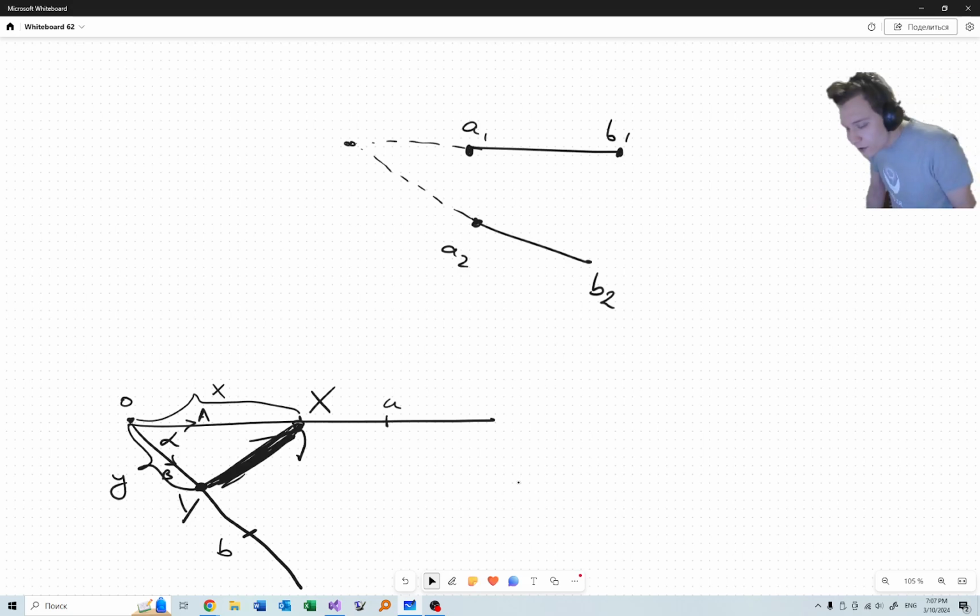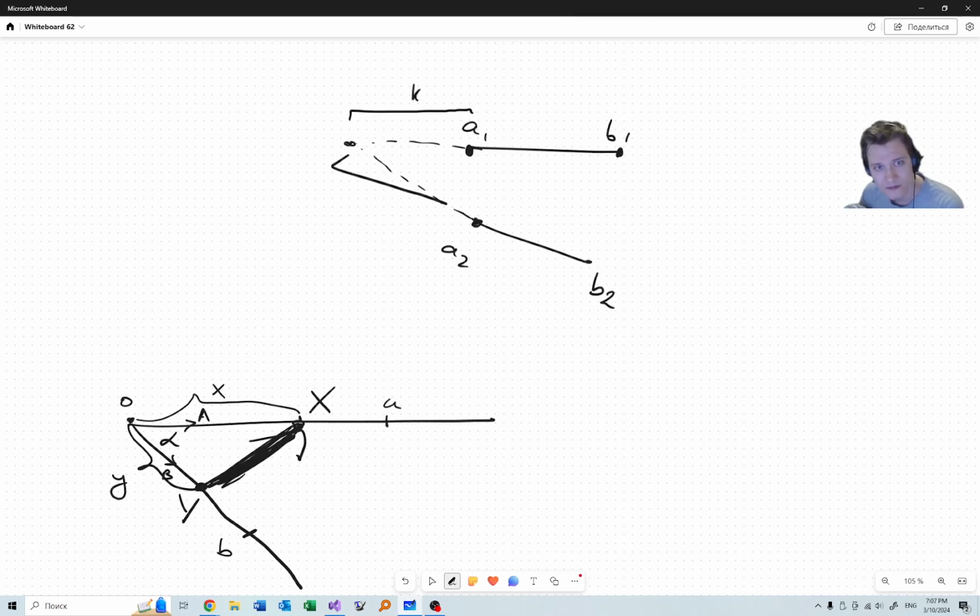What I actually want, I actually even don't want the intersection point. I want such numbers k and l that this is the intersection point.